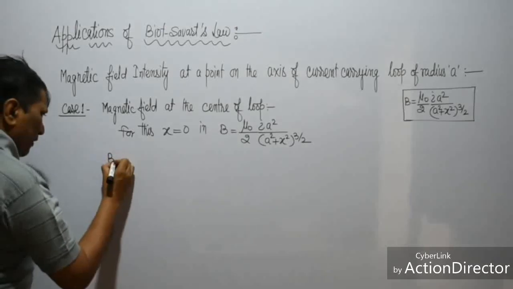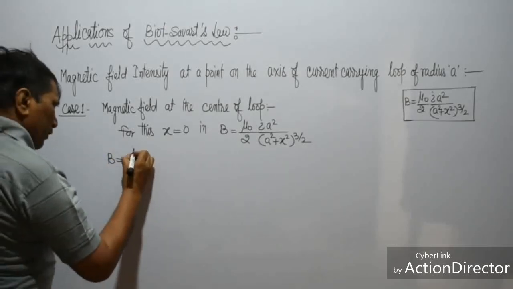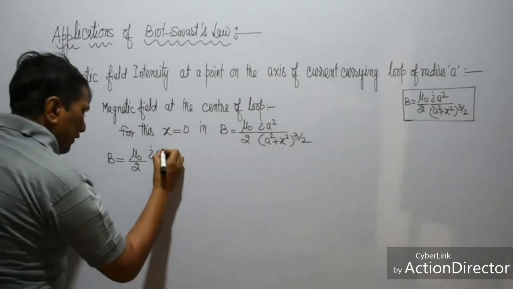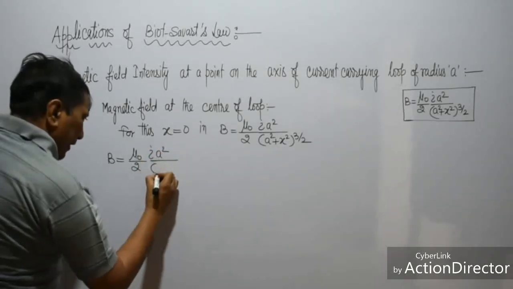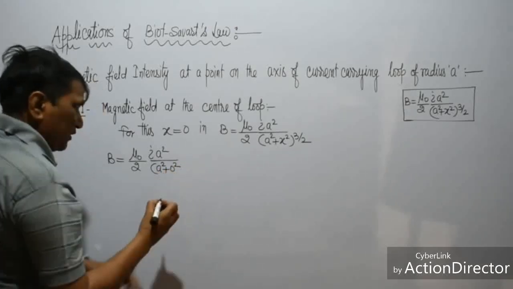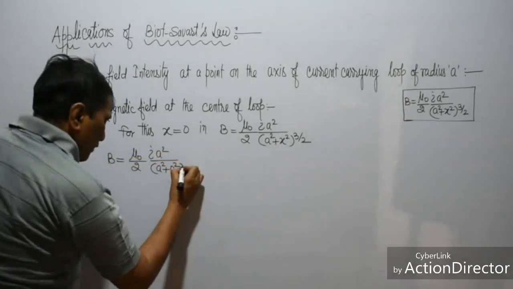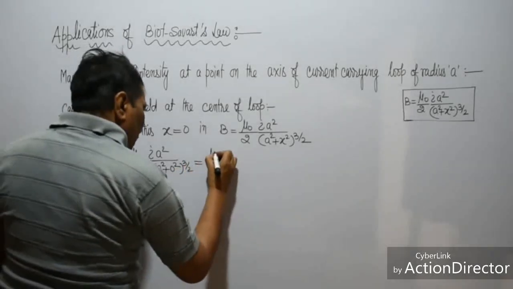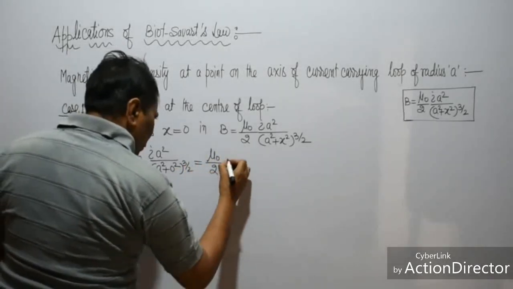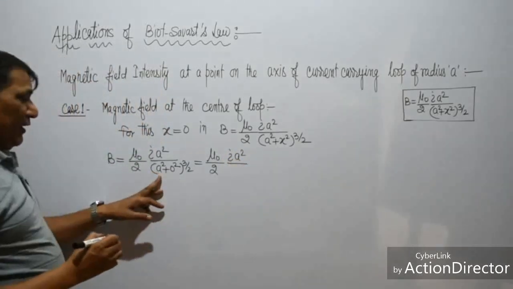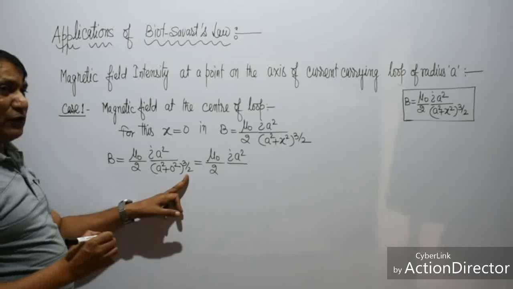So what we have, B equal to mu 0 upon 2 I a square divided by a square plus 0 square, this x is replaced by 0, raised to power 3 by 2. So finally we have mu 0 upon 2 I a square divided by a square raised to power 3 by 2.